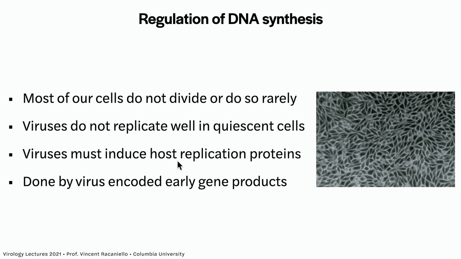And if it's not dividing, the virus must somehow produce a protein that kicks the cell into dividing. So it has to induce host replication proteins, get the cells dividing. And this is done by viral early gene products. We've already talked about some of those before, but now we're going to see how they work.